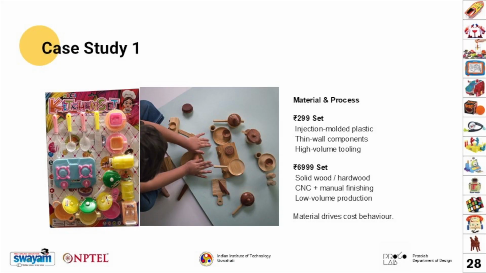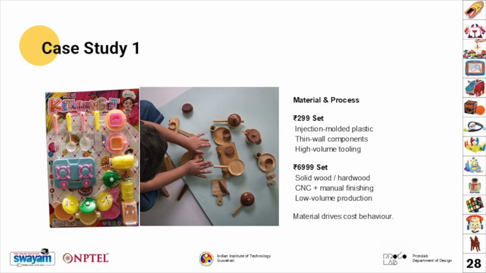The rupees 299 kitchen set is typically made from thin injection molded polypropylene or ABS plastic. These materials are inexpensive per kilogram. When molded in high volume, per unit material cost drops significantly. Thin walls reduce plastic use.